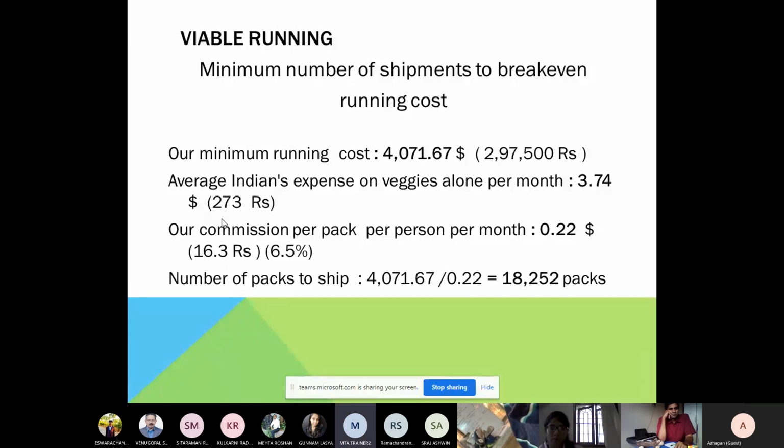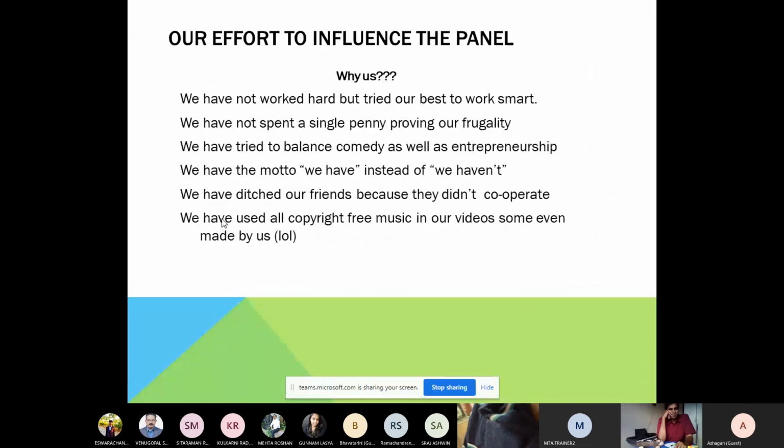So with 18,000 packs, we'll be breaking even quite easily. If we double it, we get to 3 lakh in profit, and that is without advertising. So we think it is a very good business model to be implemented in India. In other countries, the numbers will be even better due to the higher vegetable cost.